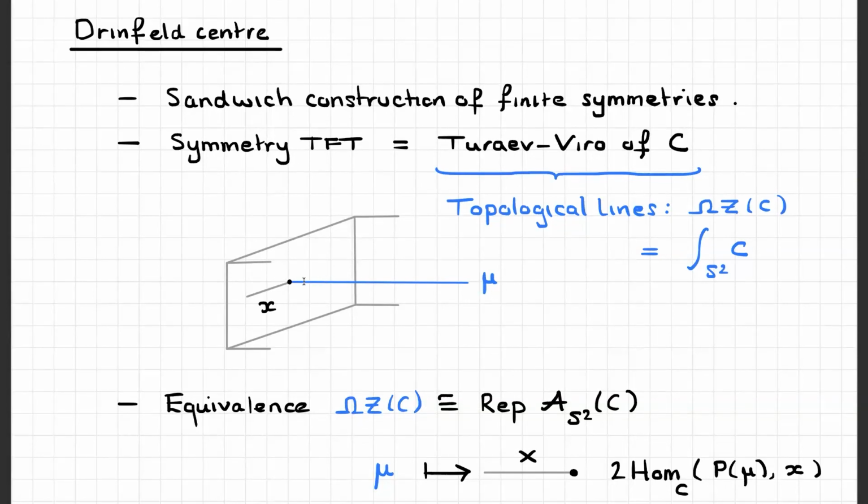You take some topological line, it ends on the boundary, and then it's attached to a topological line on the boundary. And the way you build the representation as a vector space is you just compute two morphisms between x and mu projected onto the boundary. Okay, so that's the picture.